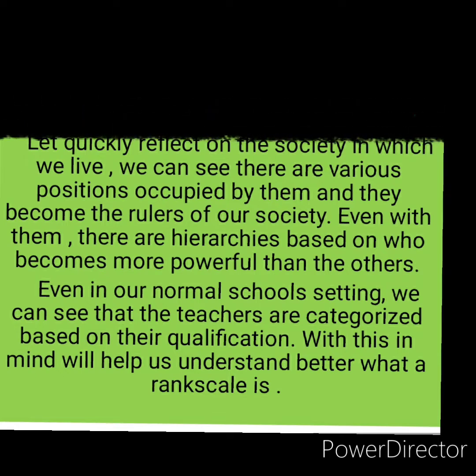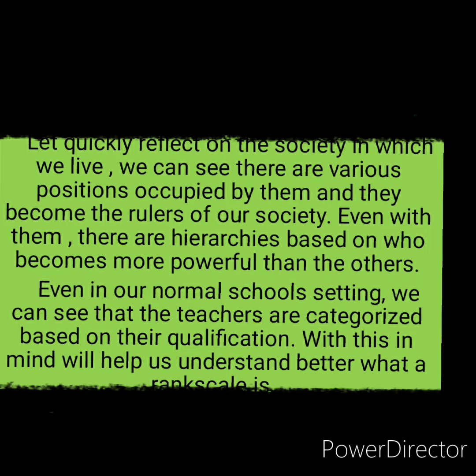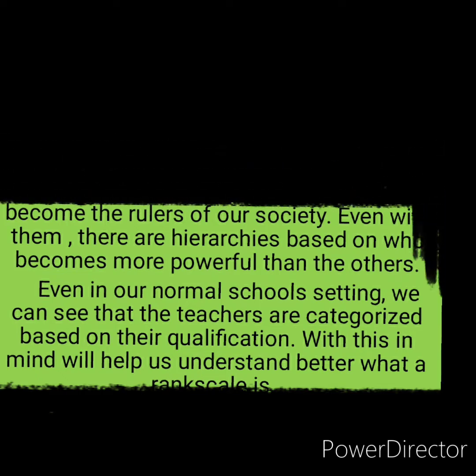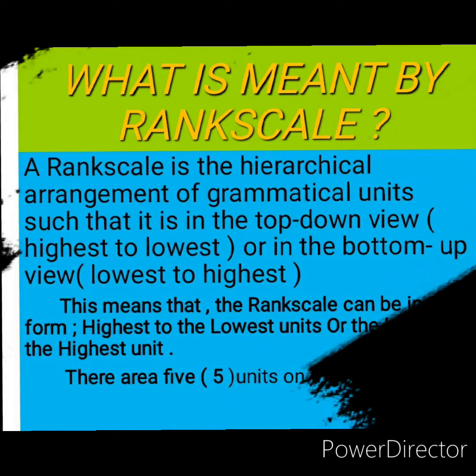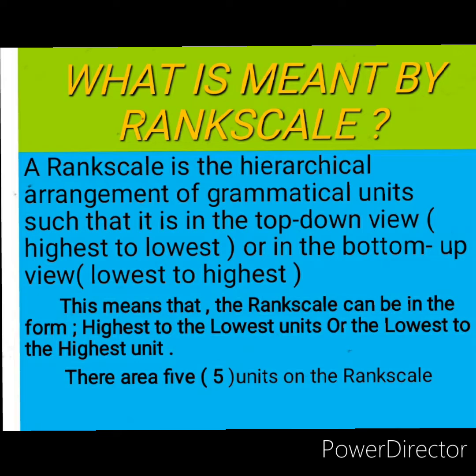When you take a rank scale, the highest grammatical unit on top of them is the one that is heading. Now, if somebody may ask, what is a rank scale? We said a rank scale is the hierarchical arrangement of grammatical units on the rank scale.